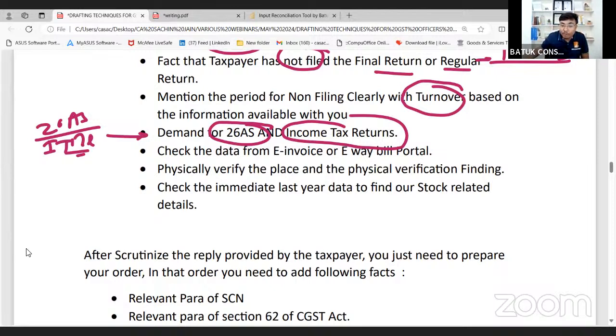Check the data from e-invoice and e-way bill, and if there are certain findings, then just put the same with your show cause notice. Physically verify the place, and the findings of the physical verification should be part of your show cause notice.